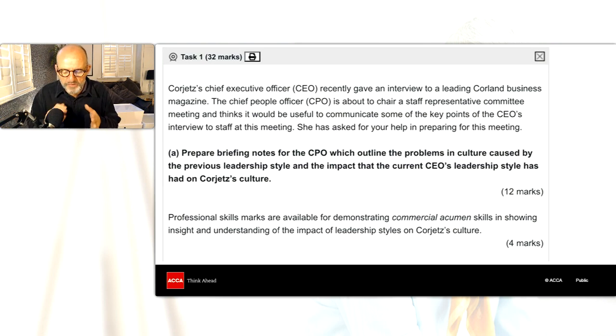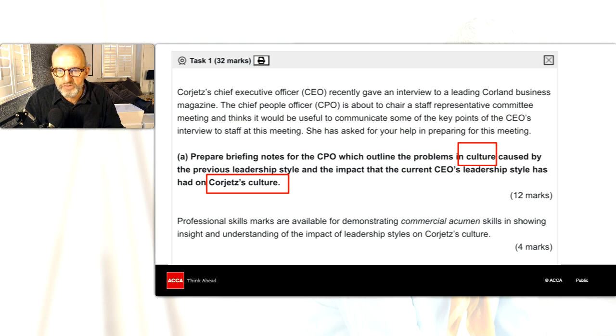But if we look at the requirements here, we'll see that they are all about culture. We're asked to prepare briefing notes for the chief people officer, outlining the problems in culture caused by the previous leadership style and the impact that the current CEO's leadership style has had on culture. We also get professional skills marks for commercial acumen. So just to remind you, we're looking at Courgettes' culture.